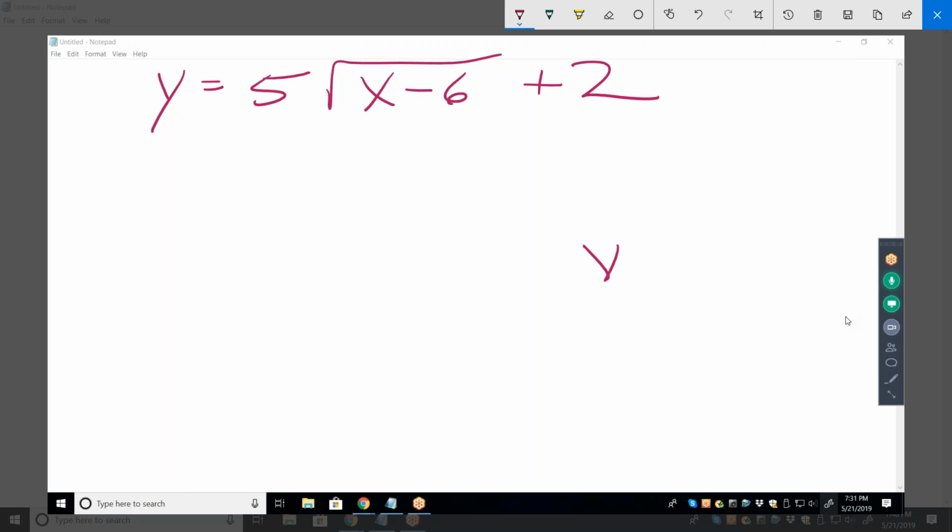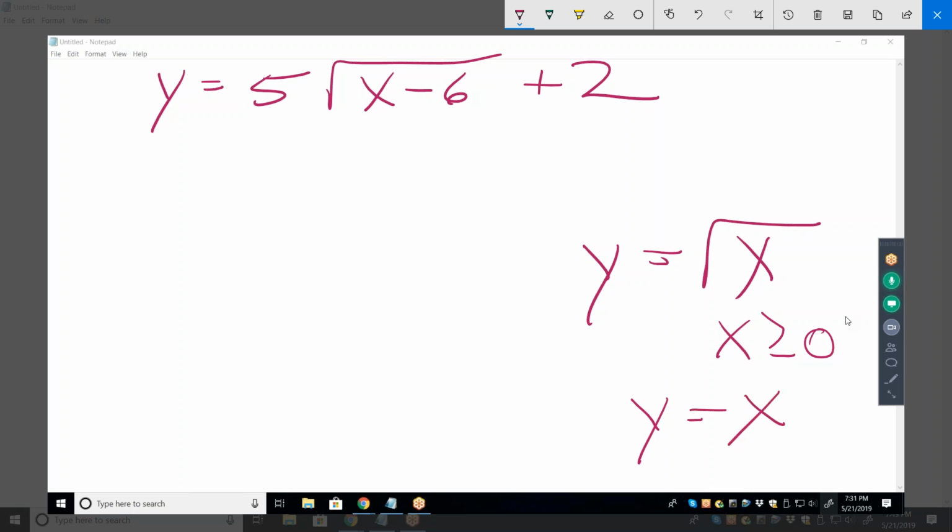In other words, if I say this, what's the domain of that? Well, it can't be negative numbers. So x would have to be greater than or equal to 0 automatically. If I just say y is equal to x, well, x can be anything, all real numbers.